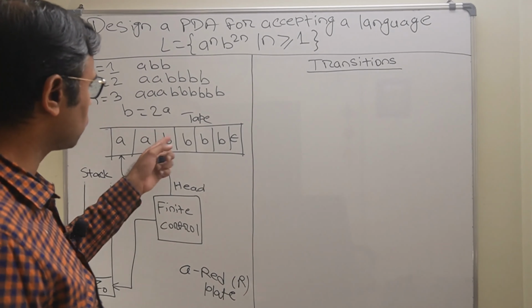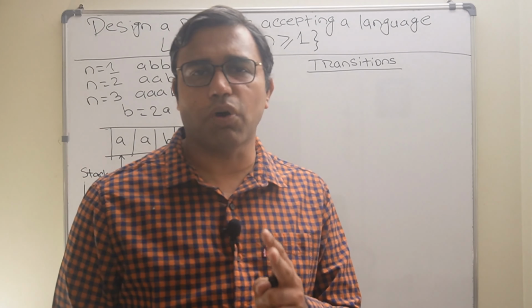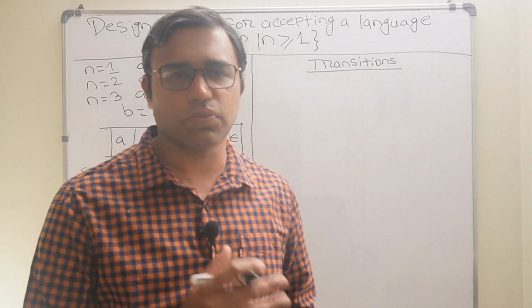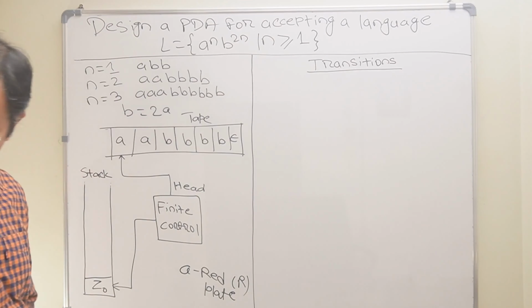I will insert two red plates for A and I will pop only one red plate for B. So this is the logic for this question. So I will trace it here.